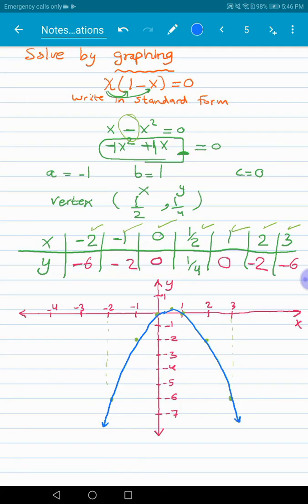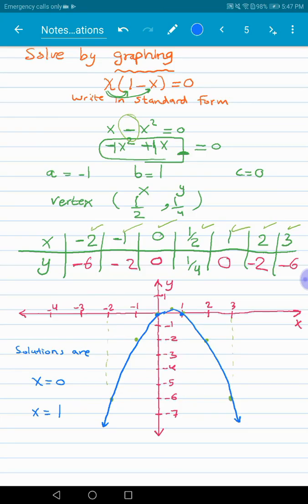So this is the first solution, this is the second solution. Solutions are x equals 0 and x equals 1. The question now, can we find the solutions without graphing?